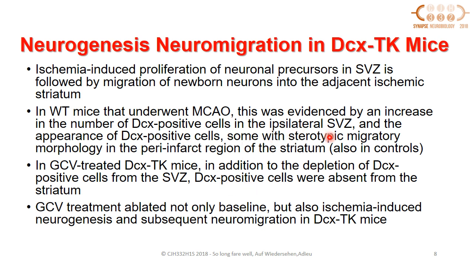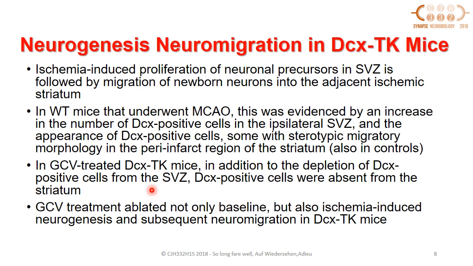Again, ipsilateral means on the same side as where the stroke has occurred. We want to know what will happen if we eliminate these dividing and migrating cells. Will the stroke be any better, or will it be worse?